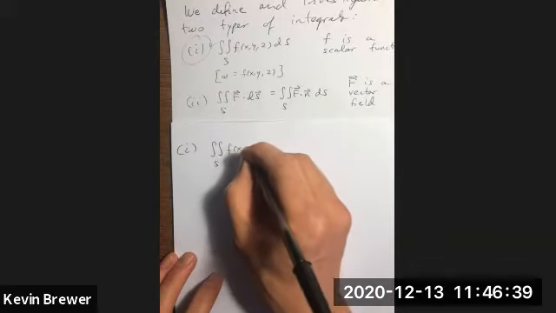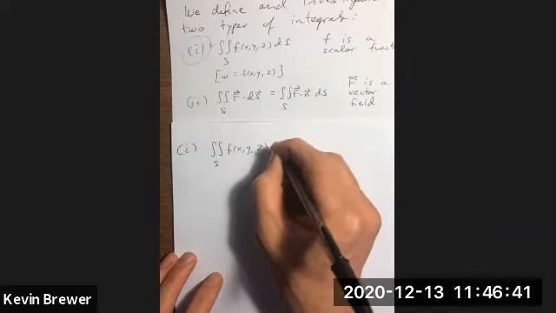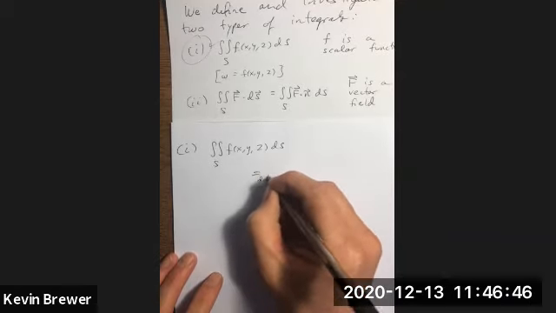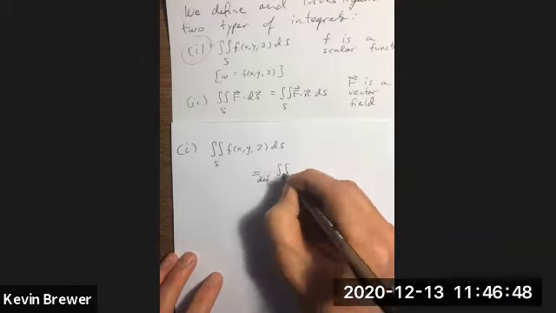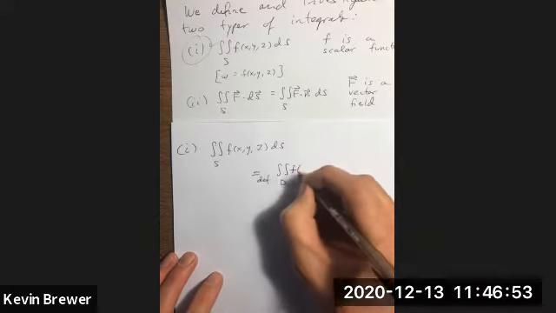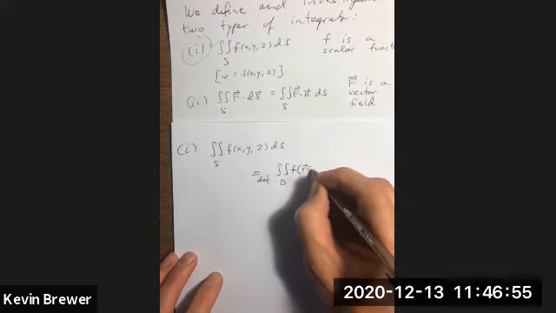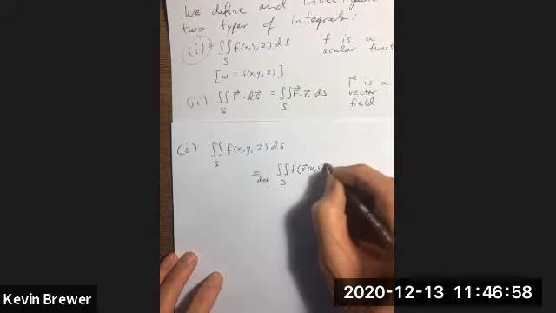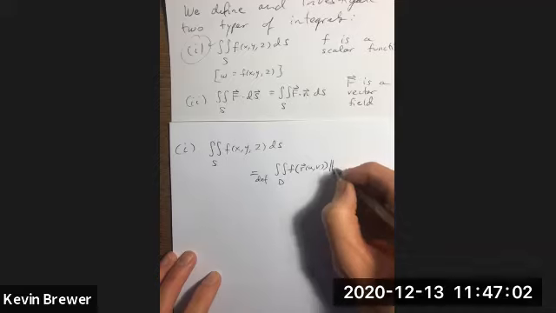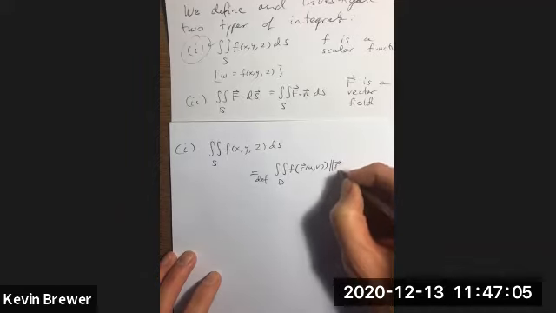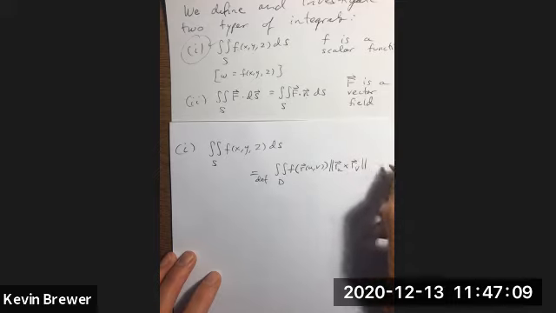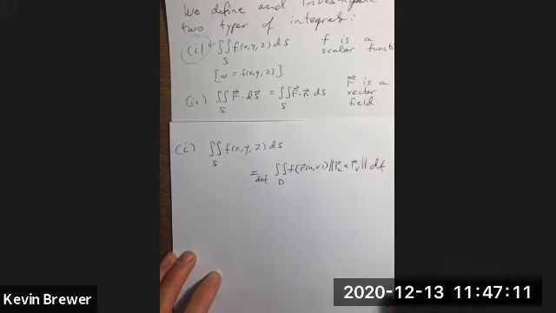So the double integral of f of x, y, z dS is, by definition, the double integral over D of f, where we parameterize in terms of u and v, times the magnitude of r_u cross r_v dA.